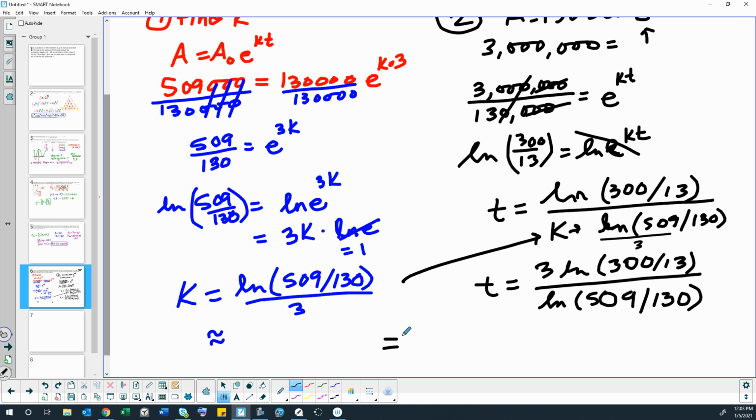If your calculator doesn't automatically put parentheses in there, please use parentheses where I wrote them down. And then divide that by the natural log of 509 divided by 130. Enter. So I got 6.898, and so on.